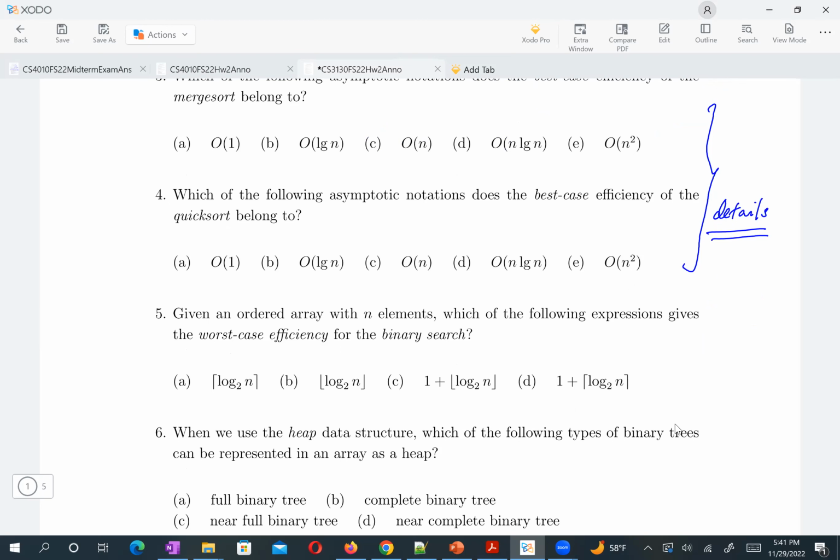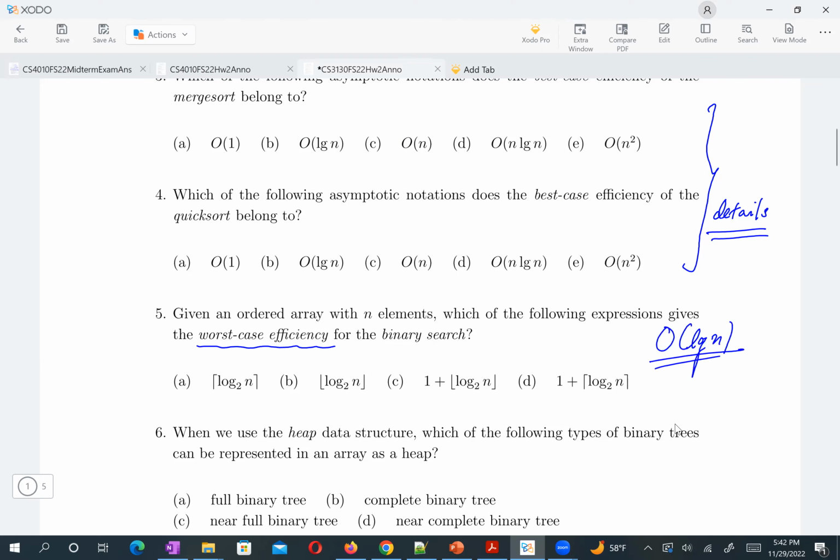Next one about the binary search, right? The binary search, here I like to check if you know the exact formulas for worst case efficiency. Usually we know the overall efficiency. Usually, most of the time, what do you see? Things like this.